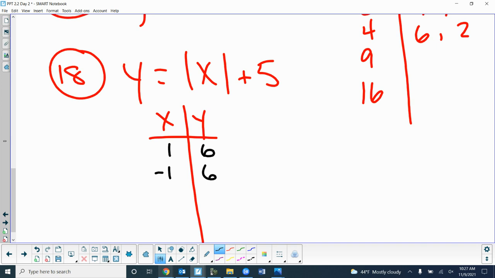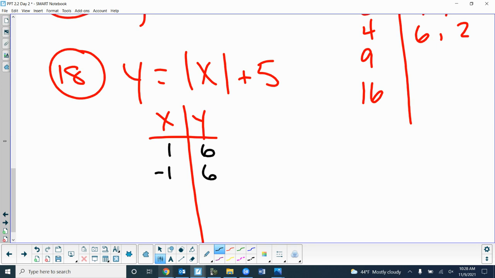If they were both positive 1 and 6, it's still one Y, right? So no matter what I put in for x, when I take the absolute value and add 5, I'm only gonna get one answer. I'm not gonna get multiple answers, okay? So that is going to be a function, okay?